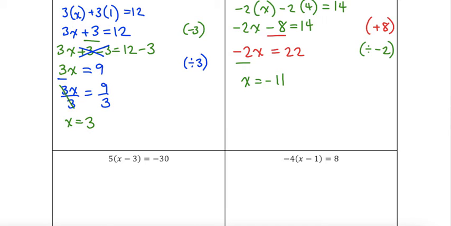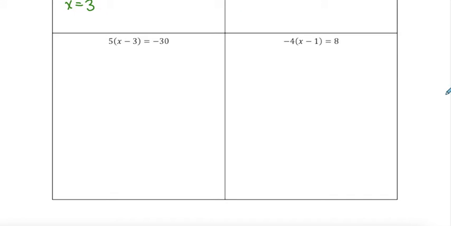We'll go through some more examples. I have 5 times x minus 3, so I'm multiplying this 5 by everything inside of the bracket. 5 times x is 5x, and 5 times negative 3 is negative 15, and that's equal to negative 30. So you'll see that I've done that without showing that intermediate step there.